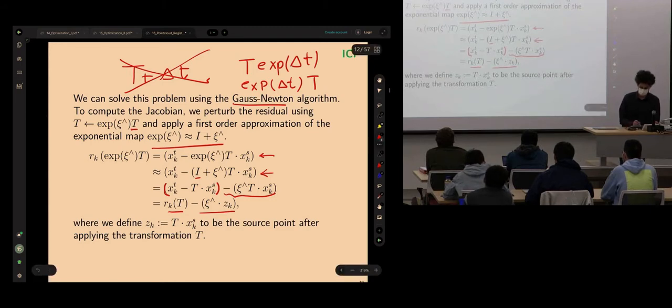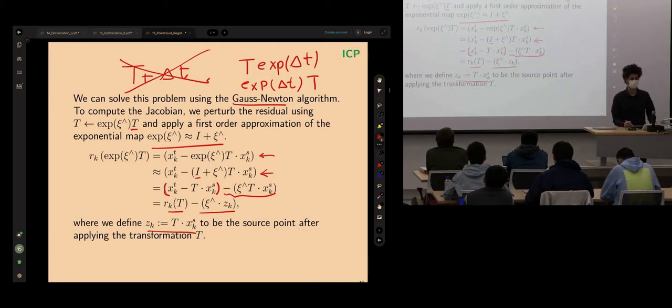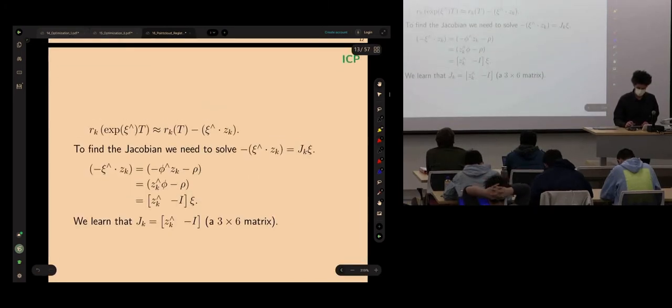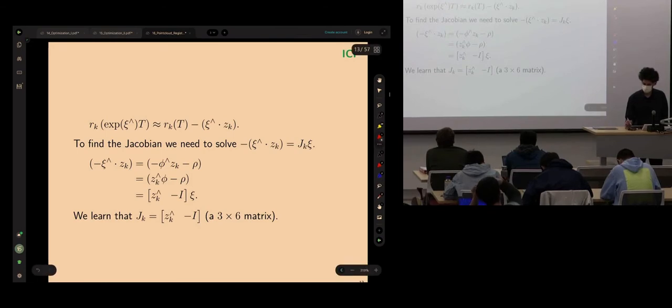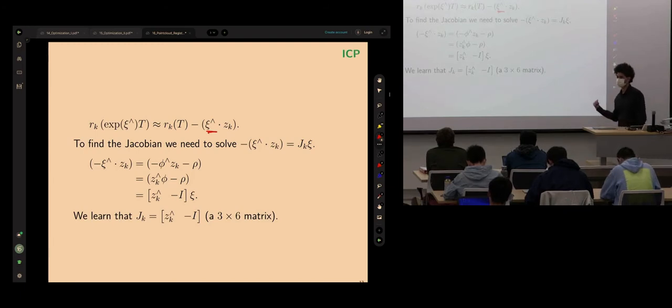I'm also defining Z to be, for simplicity, the transformation times the source point cloud. So now this is, of course, not something we want to work with because the matrix is the variable. The known part is the vector. We should flip the order.